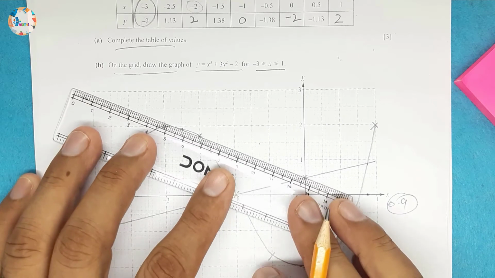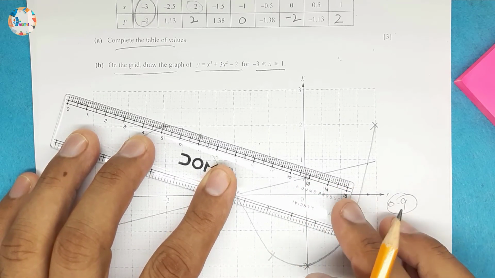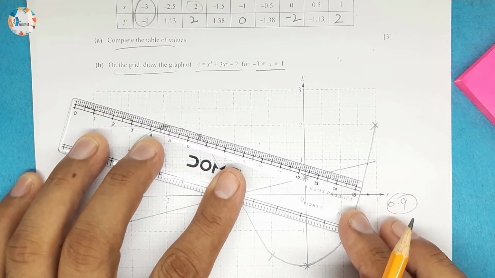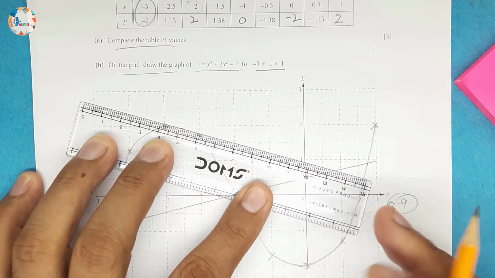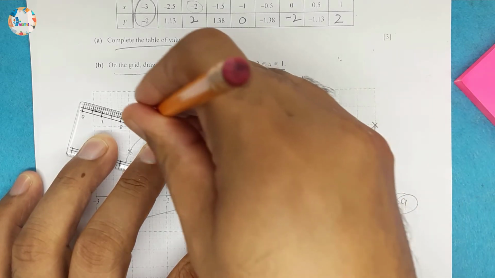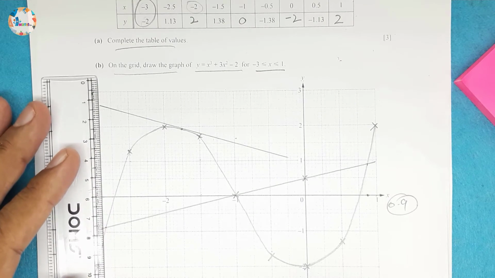And to draw this gradient, we will be drawing a line like this one, touching the curve only at this point. So our task is to draw the line which is touching the curve only at this point. So we can take like this one. Now we'll have to take the triangle.